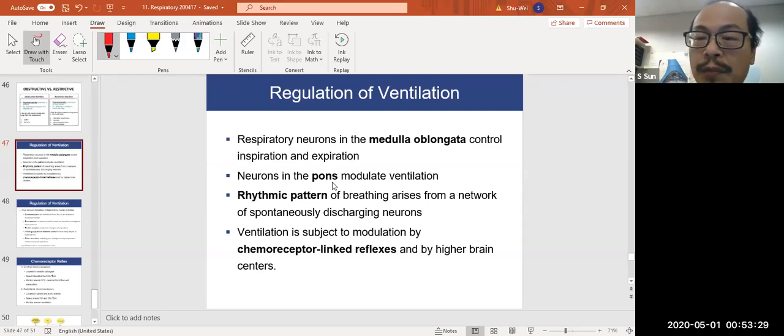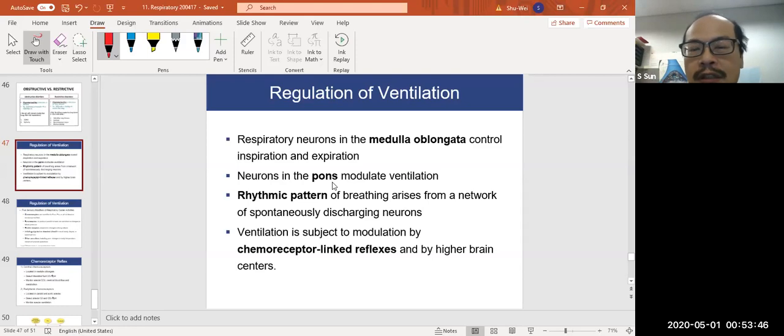For example, our breathing can be adjusted by our intention. Walking is also a pattern-generated movement, and can be controlled by our intention to make it faster or slower.